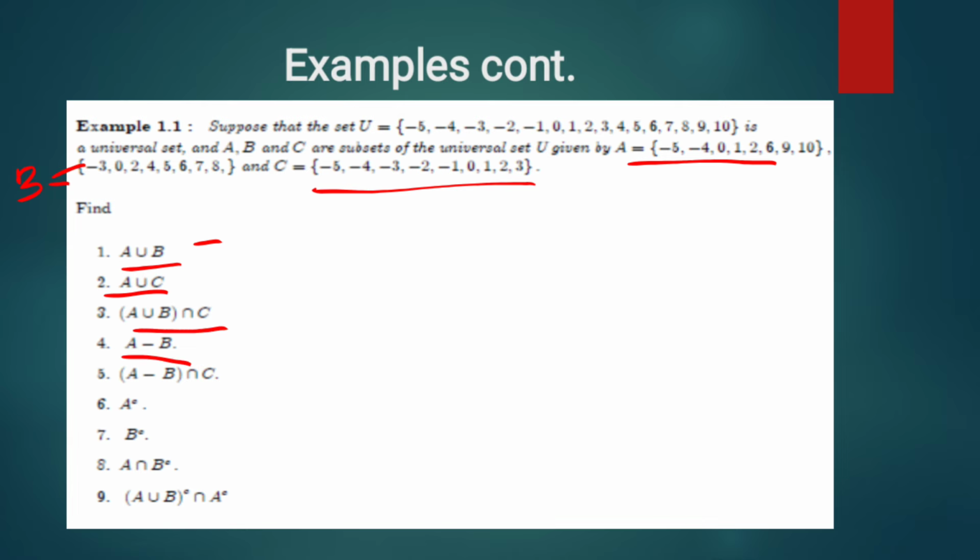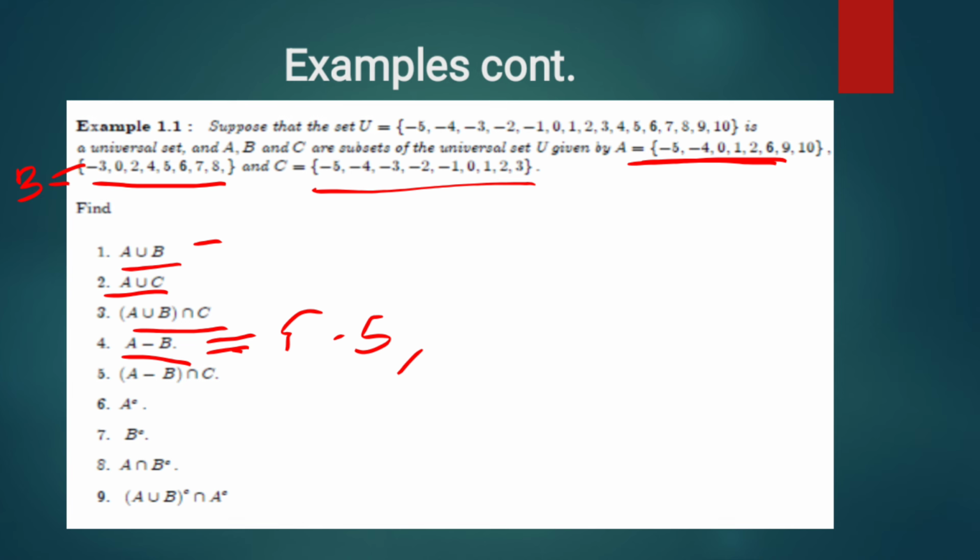I think A minus B might be the one you find difficult. Basically, this is all elements of A that are not in B. Minus 5 is in A. Is minus 5 in B? No, so minus 5 will be in this set.